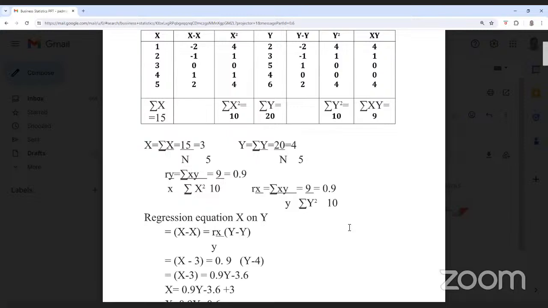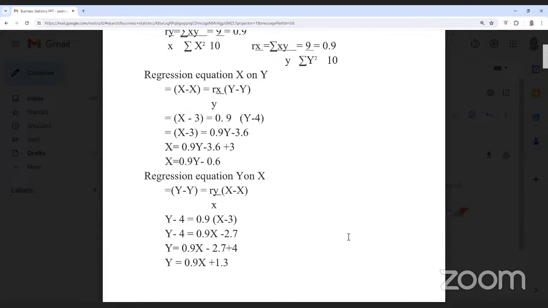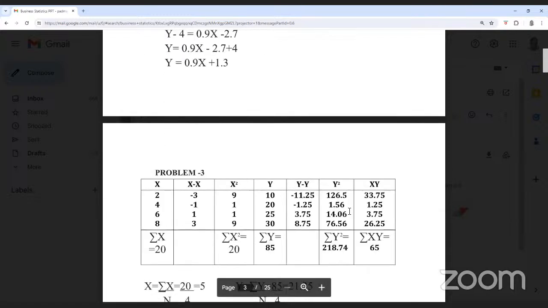हो गया? Scroll, ma'am. Finished, ma'am. Ma'am, this equation is correlation, ma'am? Yes. Correlation, right? Regression.